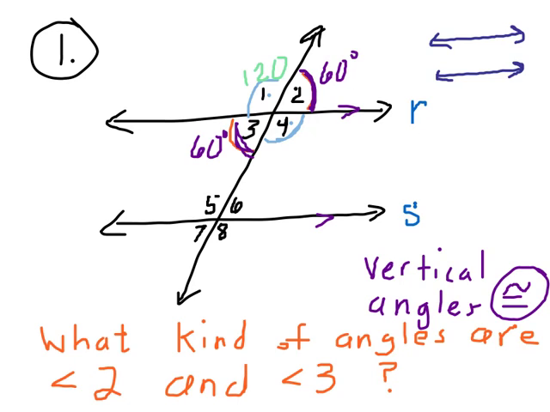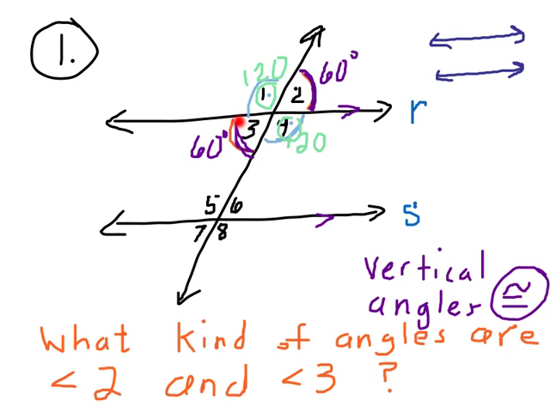Let's go back to vertical angles for a second. So angle 1 and angle 4 are vertical angles, vertically opposite each other. So they're equal in value, 120. This one right here is 120, vertically opposite each other. Vertical angles are congruent, it checks out. As well as look at angle 3 and 4.